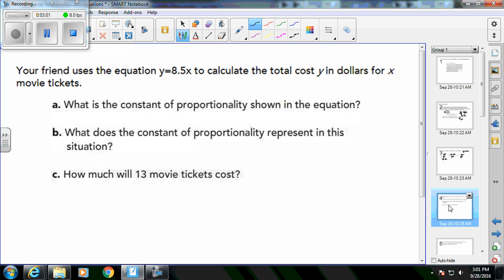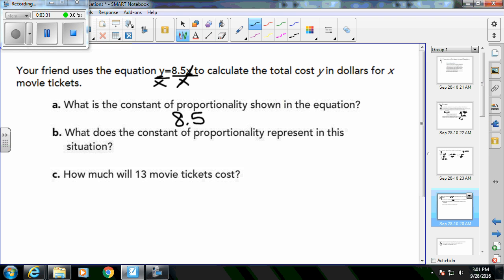So now let's look at a word problem. Your friend uses the equation y equals 8.5x to calculate the total cost y in dollars for x movie tickets. So x here is our movie tickets, y here is our total cost. What is the constant of proportionality in this equation? If we were to divide both sides by x, our constant of proportionality is 8.5.